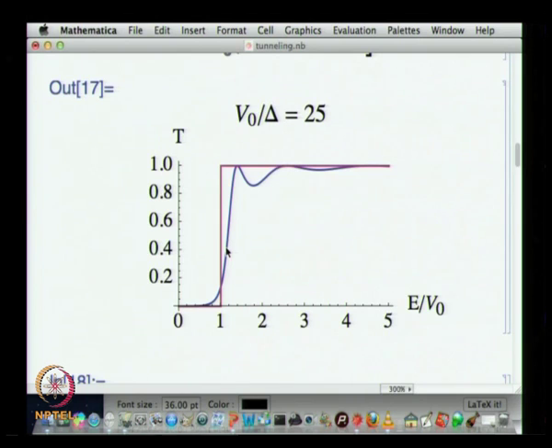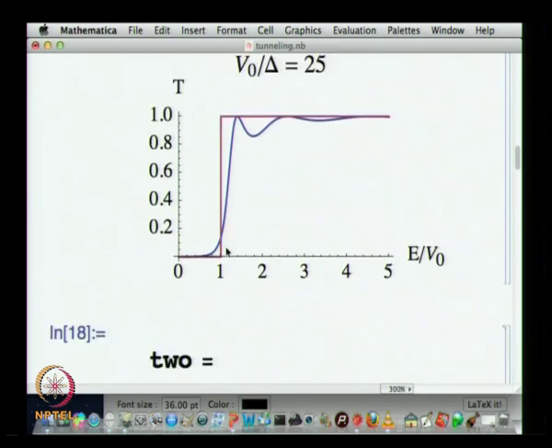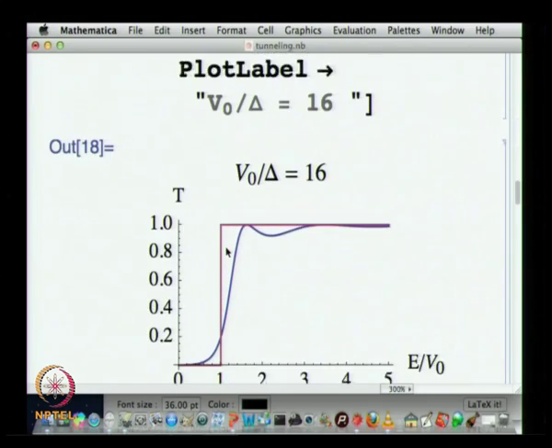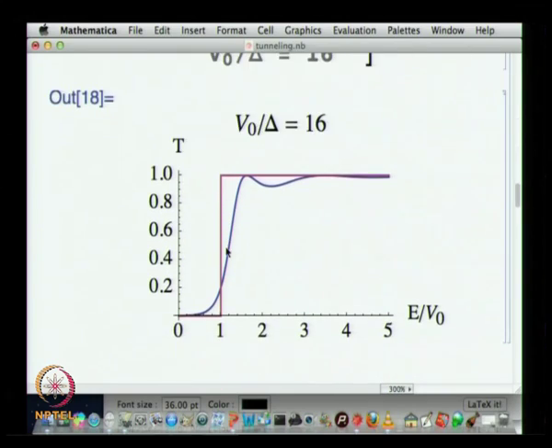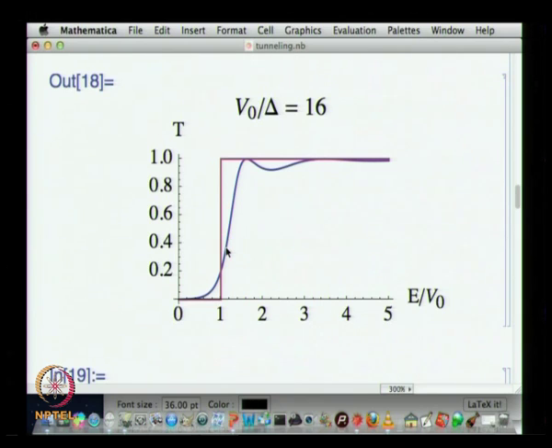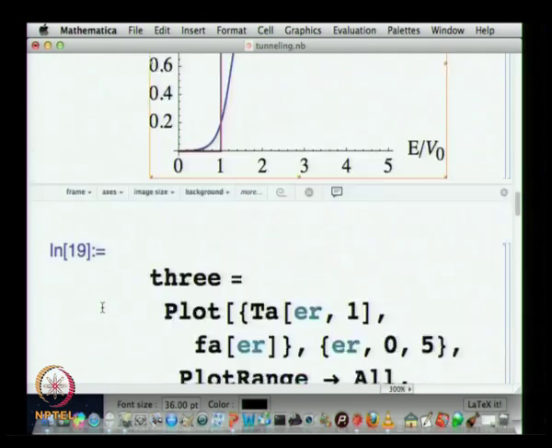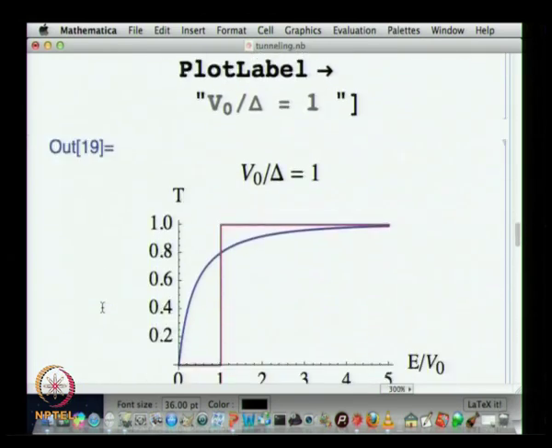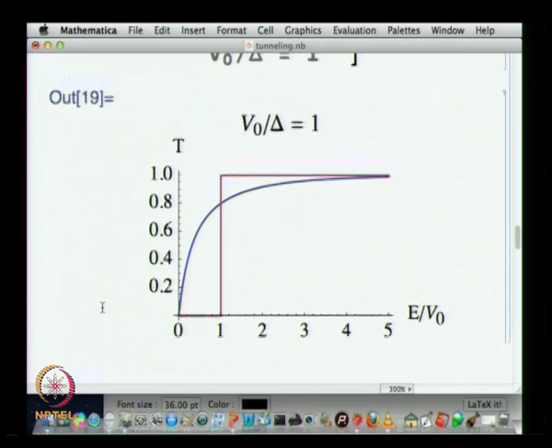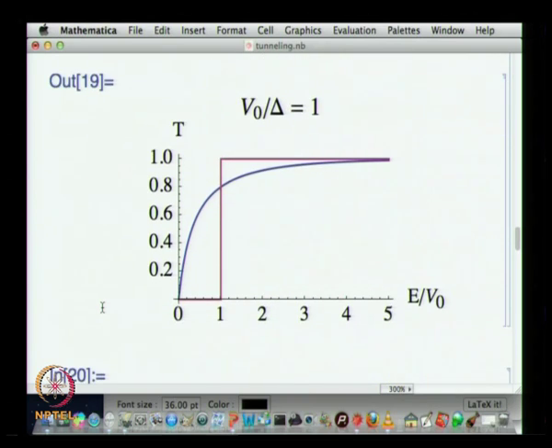Now, suppose you had a different value for V0 by delta, what would happen? This is for V0 by delta equal to 16, and I also have a plot for the case where V0 by delta is 1. What does it mean?